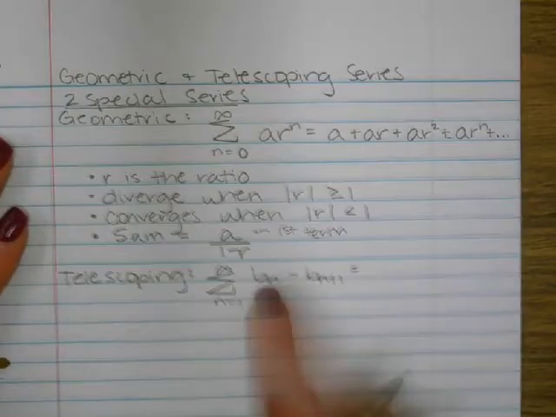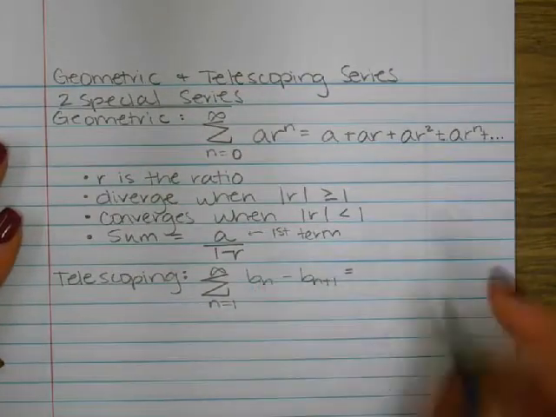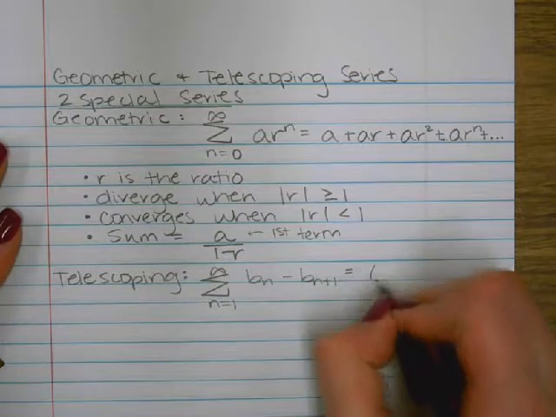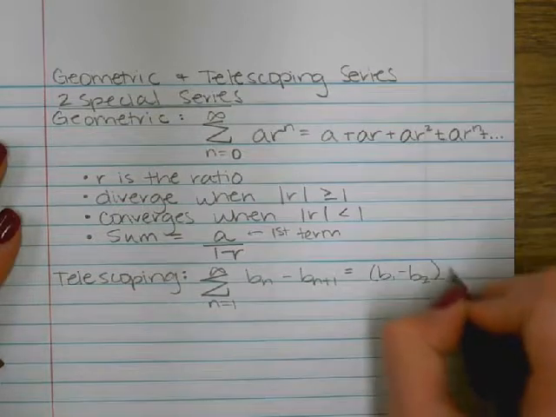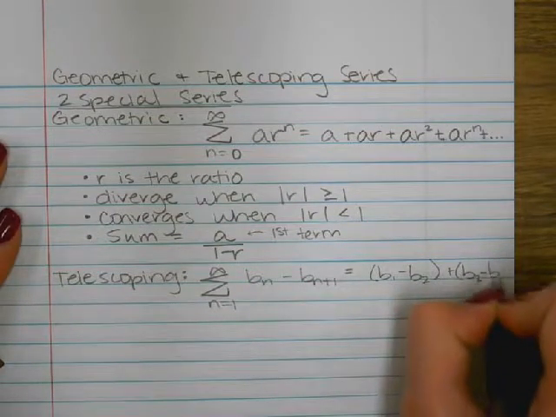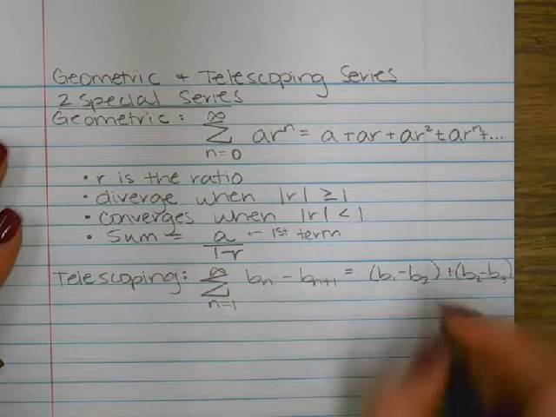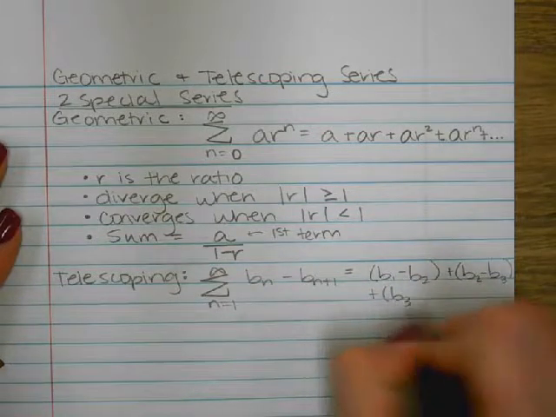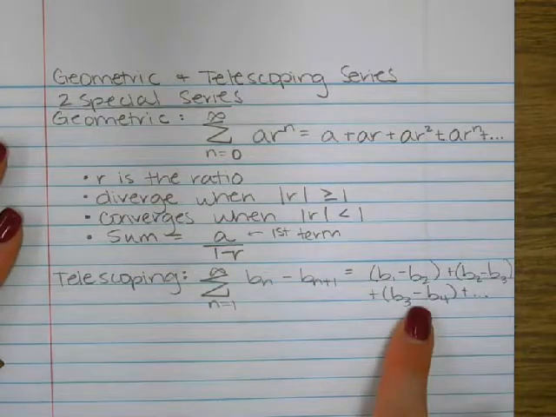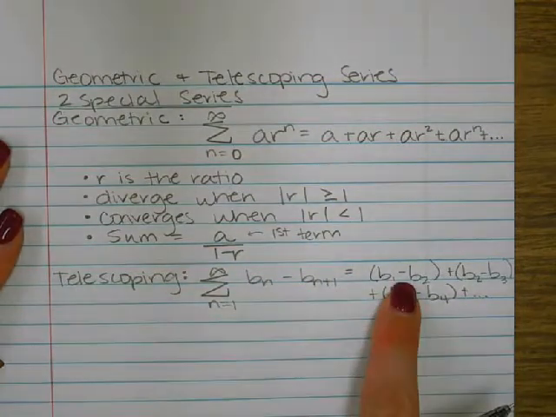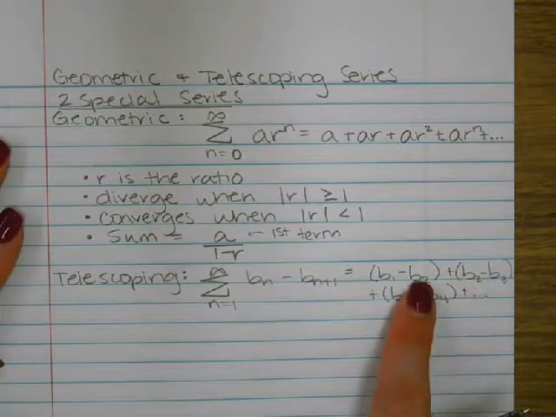So what this means is that if I plug in 1, then I would have b sub 1 minus b sub 2. And then if I plug in 2, I would have b sub 2 minus b sub 3. And then if I plug in 3, I have b sub 3 minus b sub 4. And then it would go on forever. So what you'll notice is I'm subtracting b sub 2 and then I'm adding it, and those two are going to cancel out.